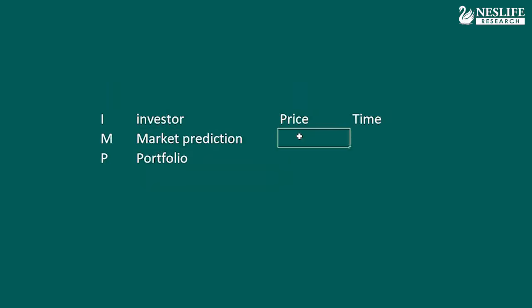Third is based on the portfolio. Suppose you decided that you want an equity portfolio and a debt portfolio, with 70% equity and 30% debt. If the market increased rapidly, your ratio gets deranged and now it has become 80-20.